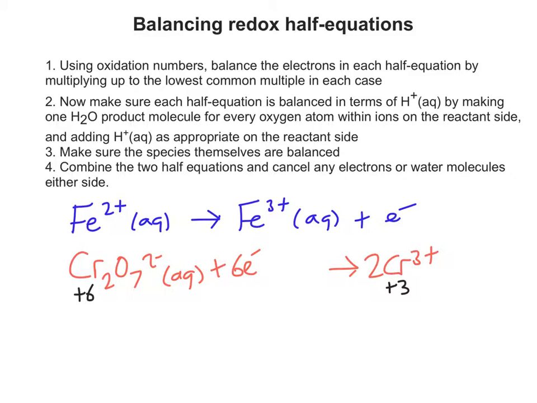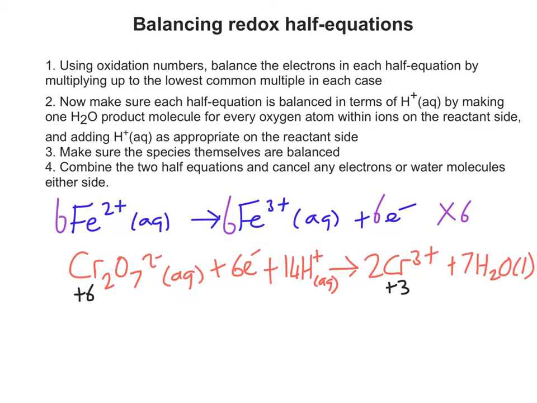Although at first going from +6 to +3 might seem like you should put in 3 electrons, don't forget it's happening twice because there's 2 chromiums, so we need 6e-. And because you have 7 oxygens in the dichromate ion, you have 7 waters on the right hand side, which now generates the need to have 14 H+ on the left hand side, like so.